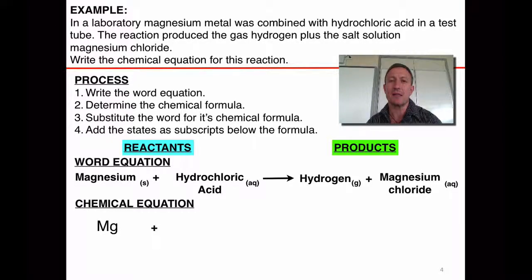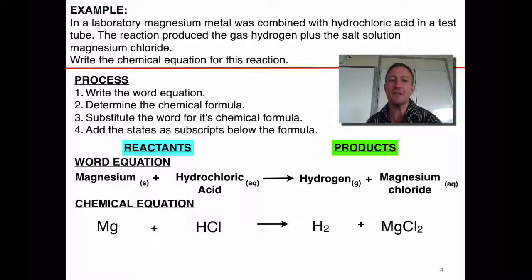These two cancel out to make 0, so as a result it's HCl. When these two react, they produce hydrogen gas. Remember, it's a diatomic molecule, so we write H2, and also magnesium chloride. Magnesium has the ion Mg2+, chlorine has the ion Cl-. So I need 2 chlorines to balance out the magnesium, so I get MgCl2.